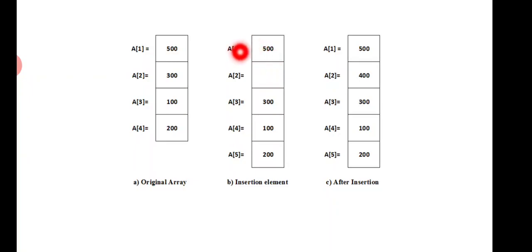Insert a new element, a new index is created like this, A of 1, 2, 3, 4, then 5, and I insert a new element. Which element am I inserting? 400 at the new index, that is A of 2. Okay. So this is the array after insertion.